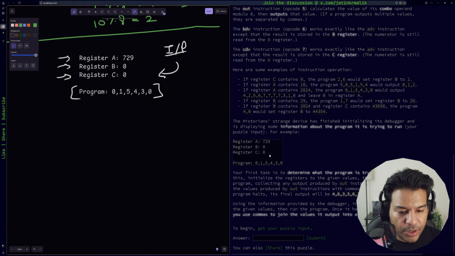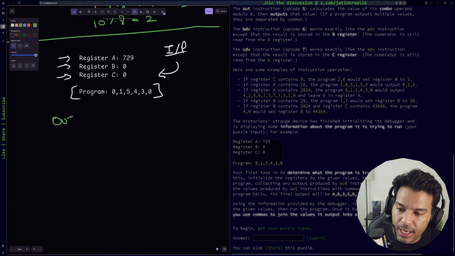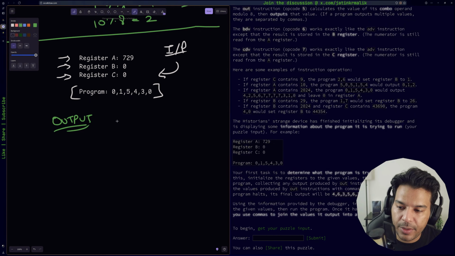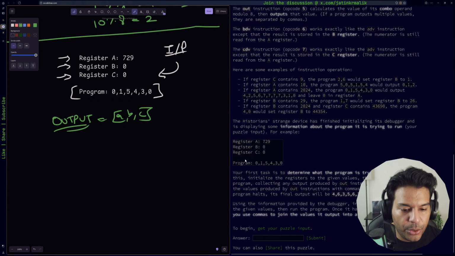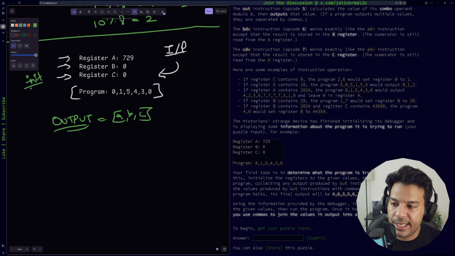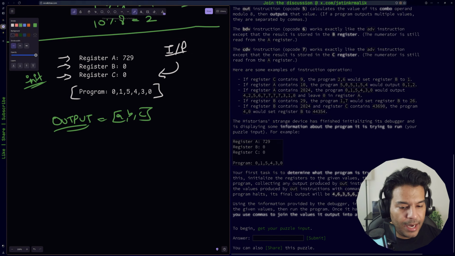Looking at this, your first task is to determine what the program is trying to output. So we are only interested in the output, those comma separated values that we were generating. To do this, initialize the registers to the given values, and then run the given program, collecting any output produced by out instructions.